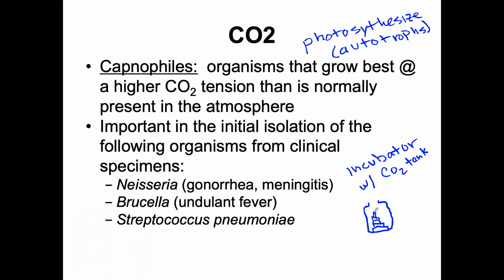You got the lid on the jar. And what does the candle do? The candle burns up all the oxygen. And when the flame goes out, what you have is high CO2 and no oxygen. So that's another way around it.